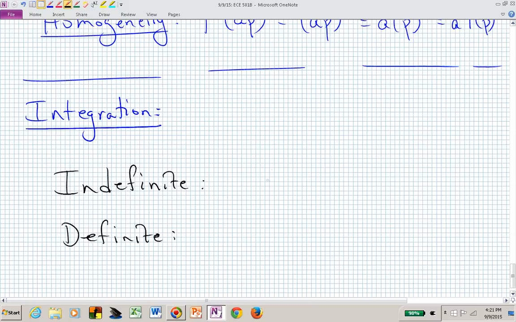For indefinite integration, we have a map T that maps from this vector space of polynomials on the reals into the same vector space.